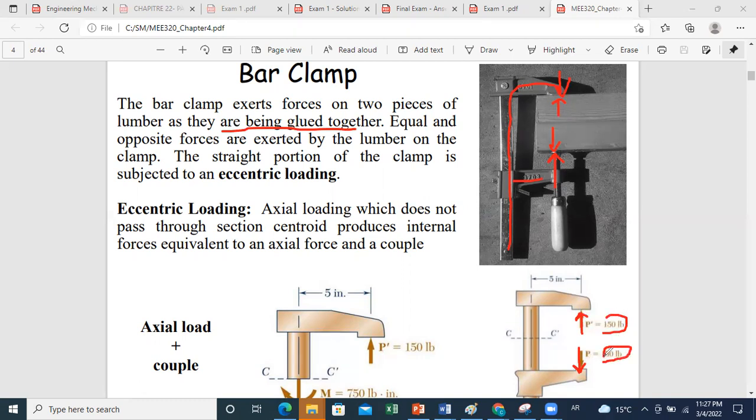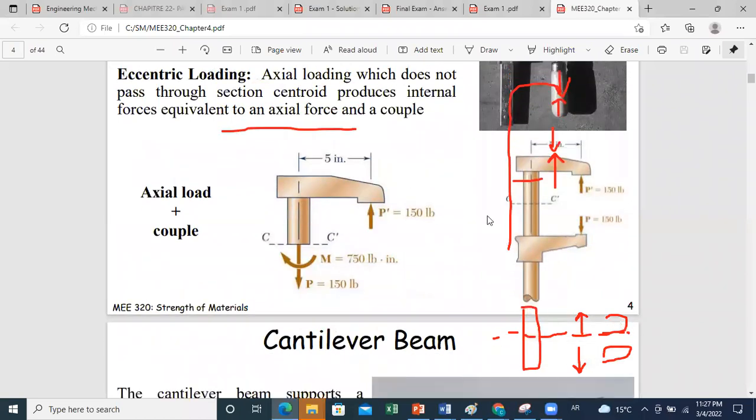Now, if you want to do the analysis in the bar clamp of this part, what are the internal forces and couples developed in this part? You can do a cross section here. Okay, and whenever you do this cross section and you reject the other part, you will represent the external forces acting on this part.